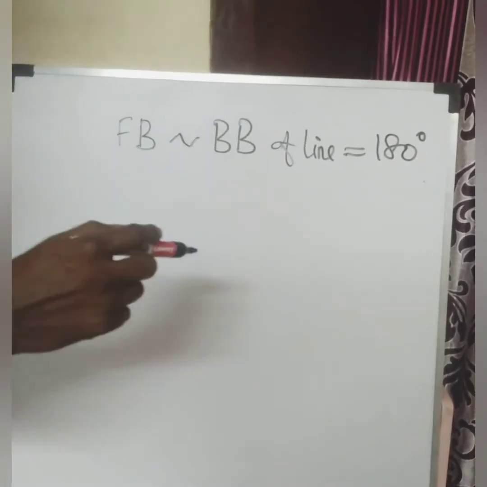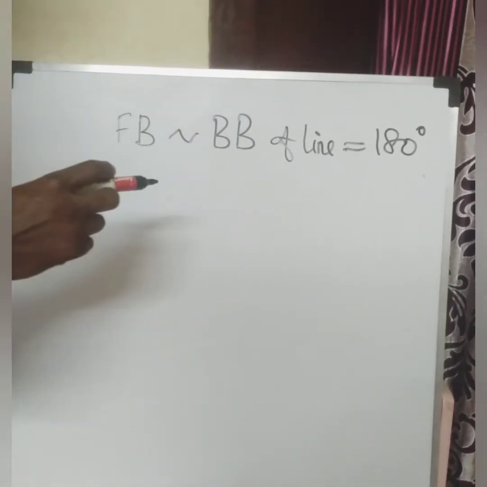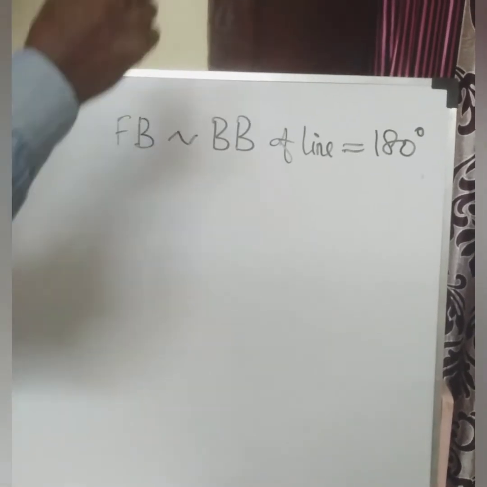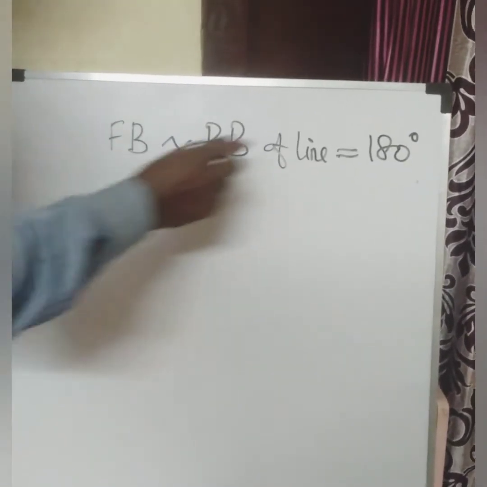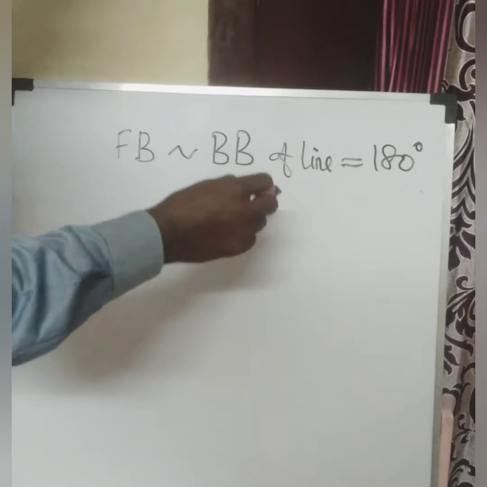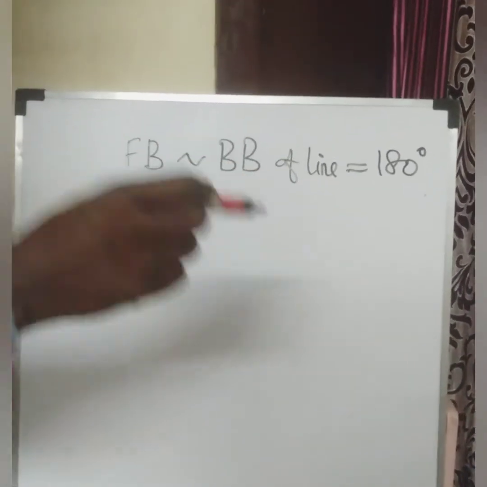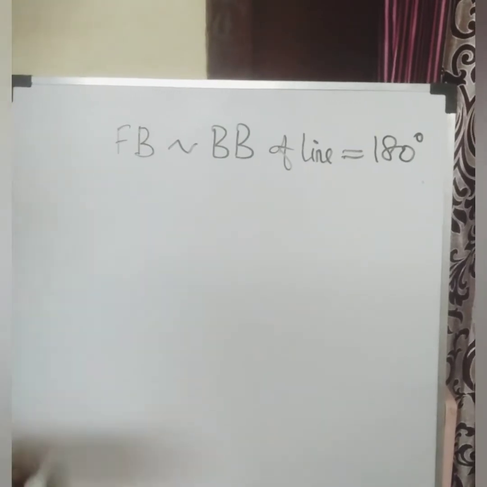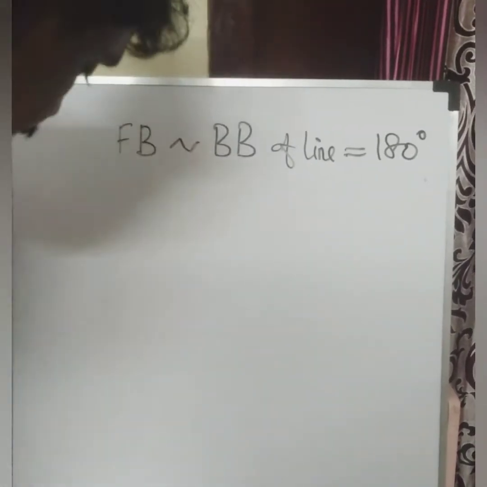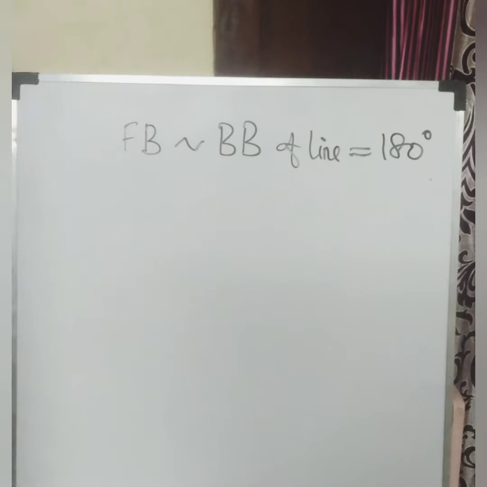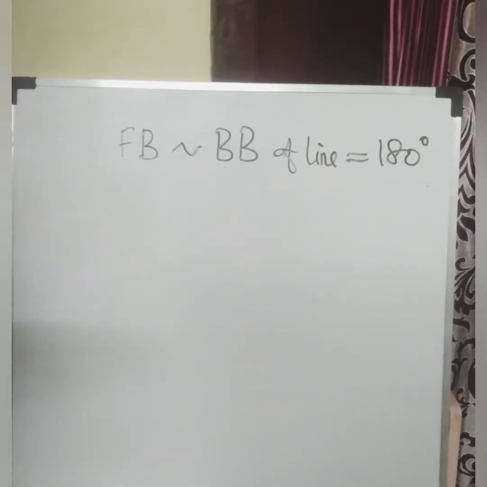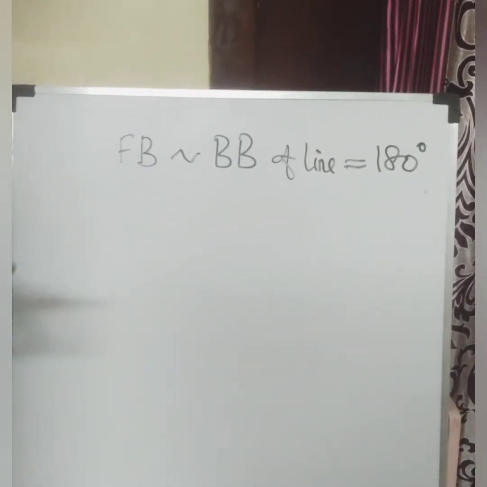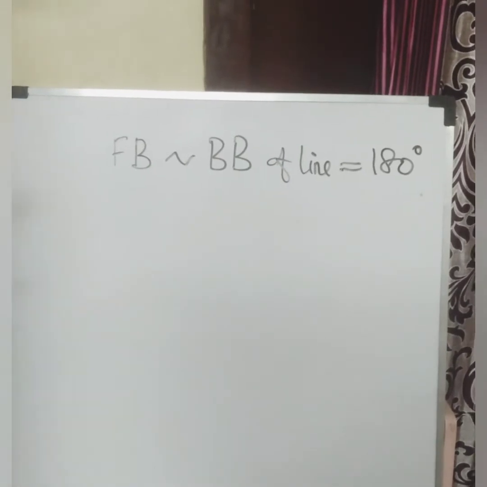How to identify that the observed bearings were affected by local attraction? If this condition is not satisfied, the observed bearing is affected by local attraction error. Now we can find which stations are. The first question is to mention which stations were affected by local attraction.